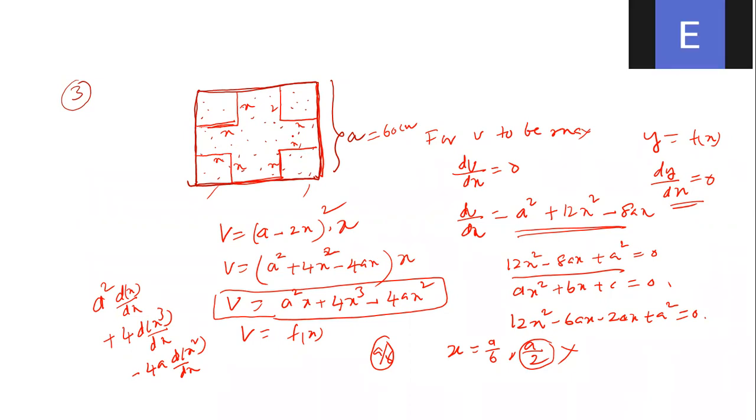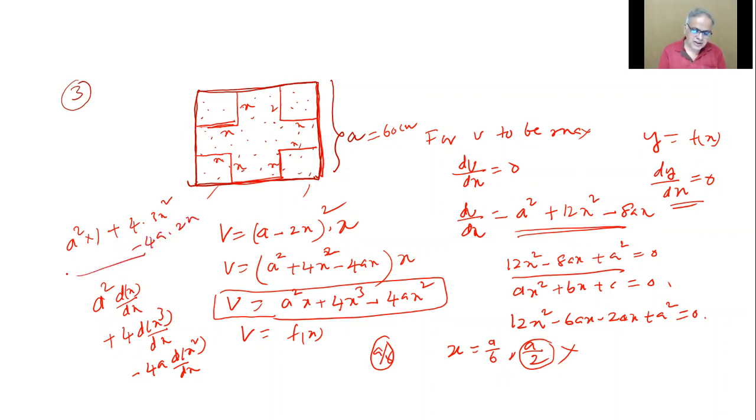She's saying derivative of a square is 2a, sir. A square is a constant there. X is a variable. I wrote it like this. Dx by dx is 1. A square into 1 plus 4 into 3x square minus 4a into 2x. These a's are constant.